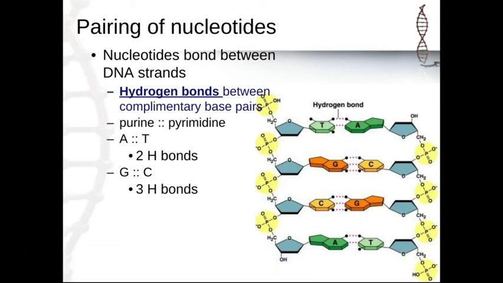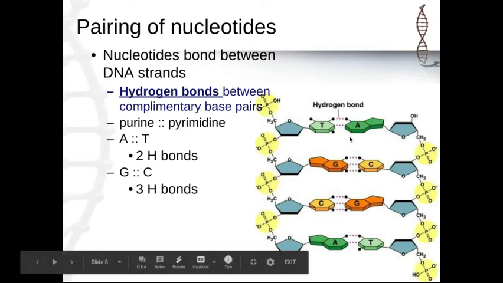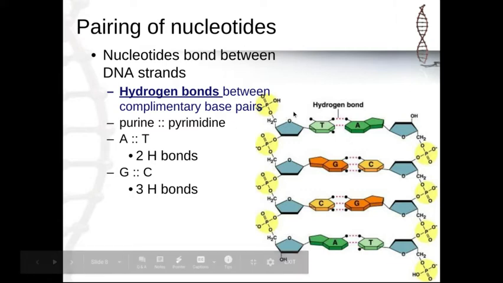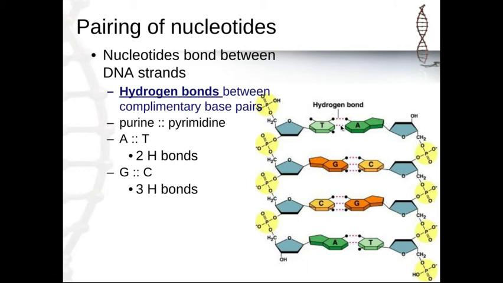Okay, so this probably looks pretty similar to the model that was in the POGL. What I want you guys to notice is that there are hydrogen bonds between the bases of each side of the ladder. When you made your pop bead one, you only used 1 hydrogen bond to represent it because it was a model, and the idea was just an overview of the structure, not to be exact.